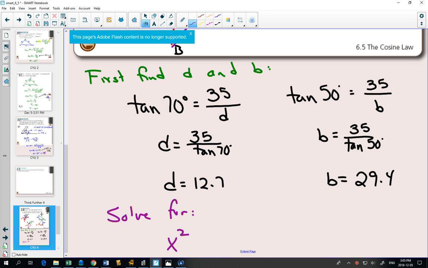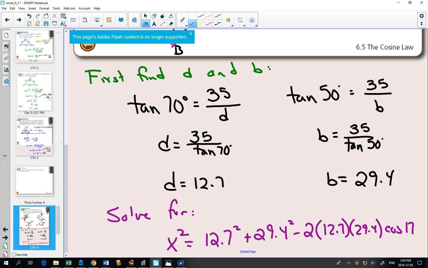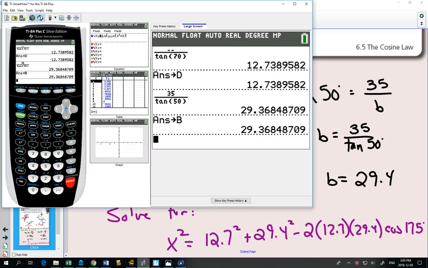Since we're using the cosine law, x squared will be 12.7 squared plus 29.4 squared minus 2 times 12.7 times 29.4 cos of 175 degrees. One of the advantages of storing my values in there is the 12.7 was d.